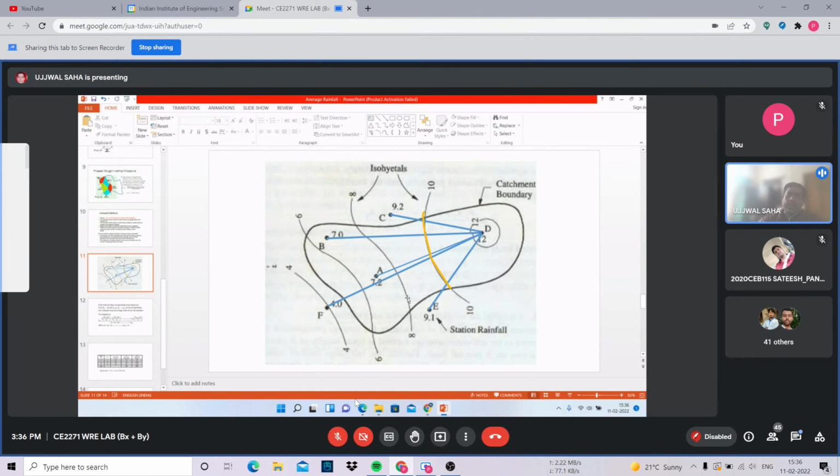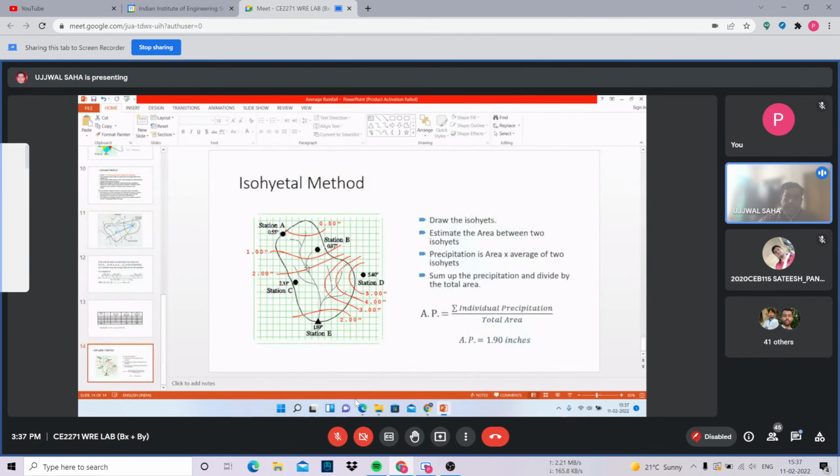Like this, you can get the ISO height, and then calculate the area between two ISO heights either by the graphical method or by planimeter, and then it will be done.